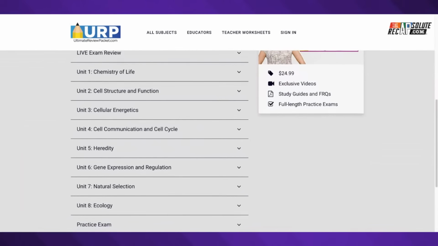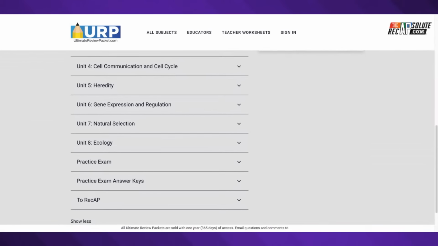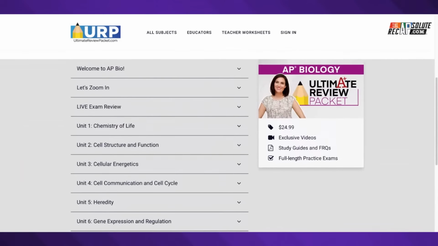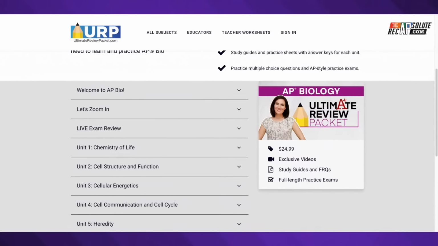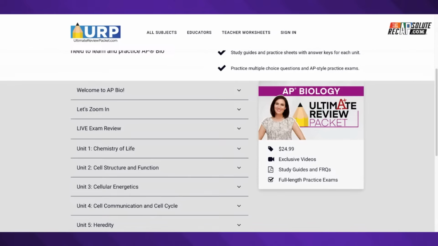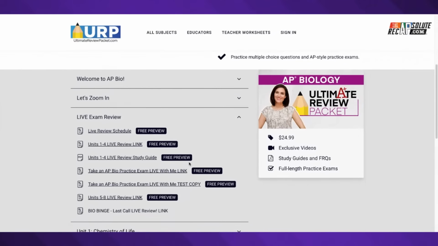We have our practice exam and answer keys. But most importantly, what's included with a free preview? That third tab down says live exam review. Whenever you see that free preview button, that tells you that you don't need to have any access to the URP other than signing up for a free preview account to get these resources.